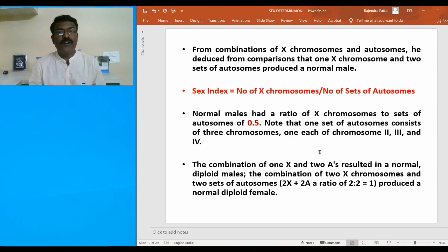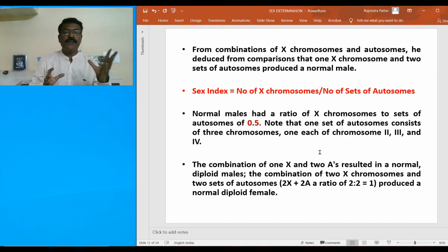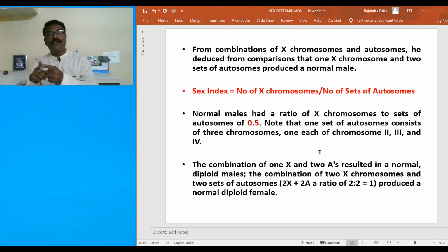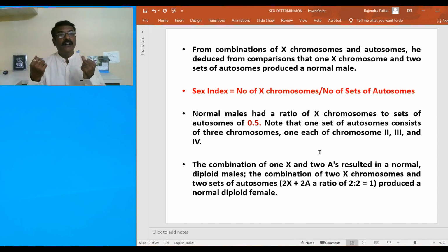The sex index in Drosophila is determined by considering the ratio of the number of X chromosomes to the number of sets of autosomes. Please try to understand; it is tricky and different from the previous type that we understood in man. If it is the XX complement, obviously that will develop into a female Drosophila. But as we know, Y has no role in expressing maleness. Then how is that possible?